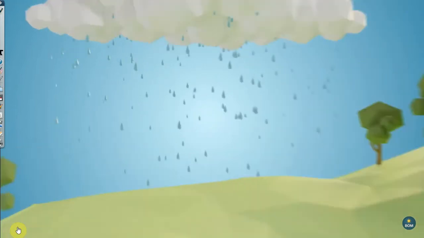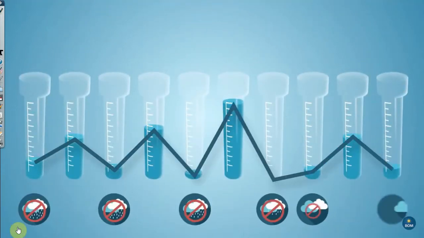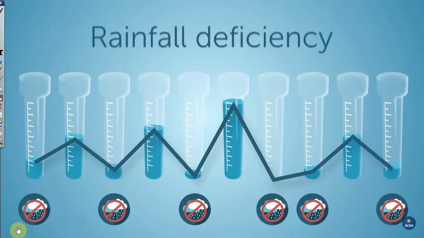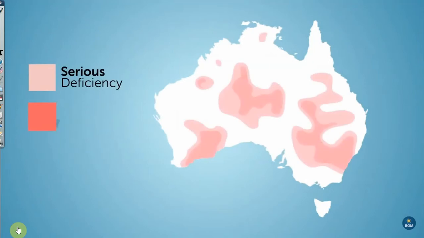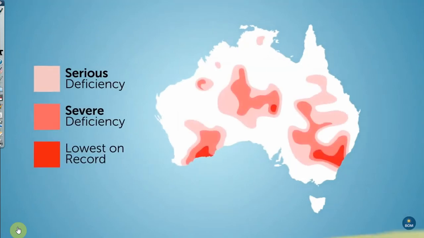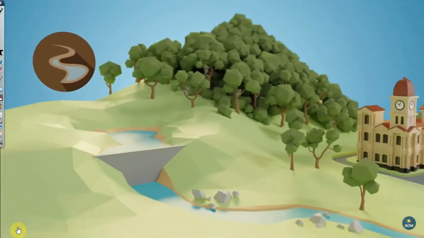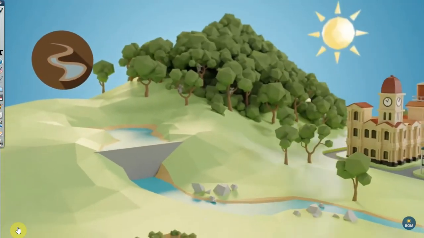Australia's rainfall is highly variable. When somewhere receives less rain than usual, we say it has a rainfall deficiency. If there is much less rain than usual, we might talk of serious or even severe rainfall deficiencies. Continued low rainfall can mean less runoff and lead to hydrological drought, especially when combined with high temperatures.